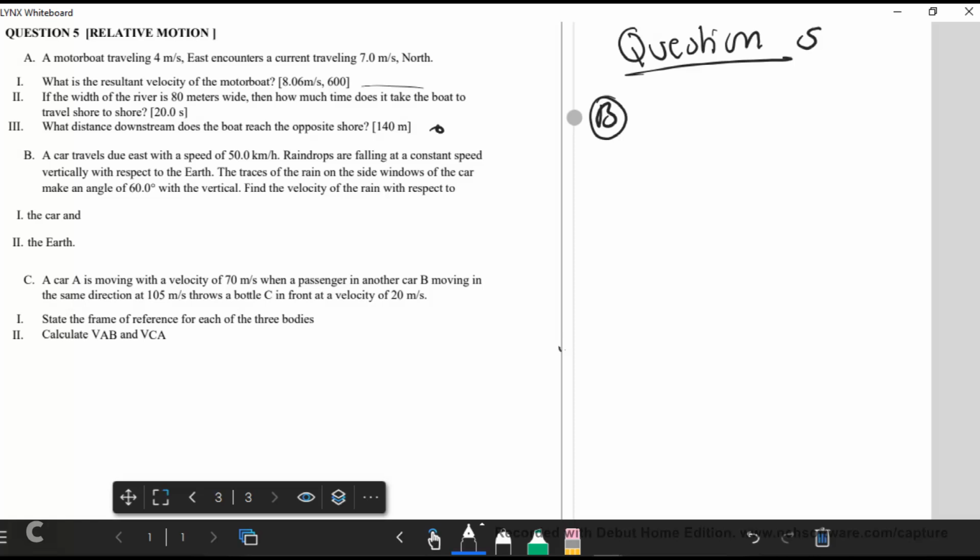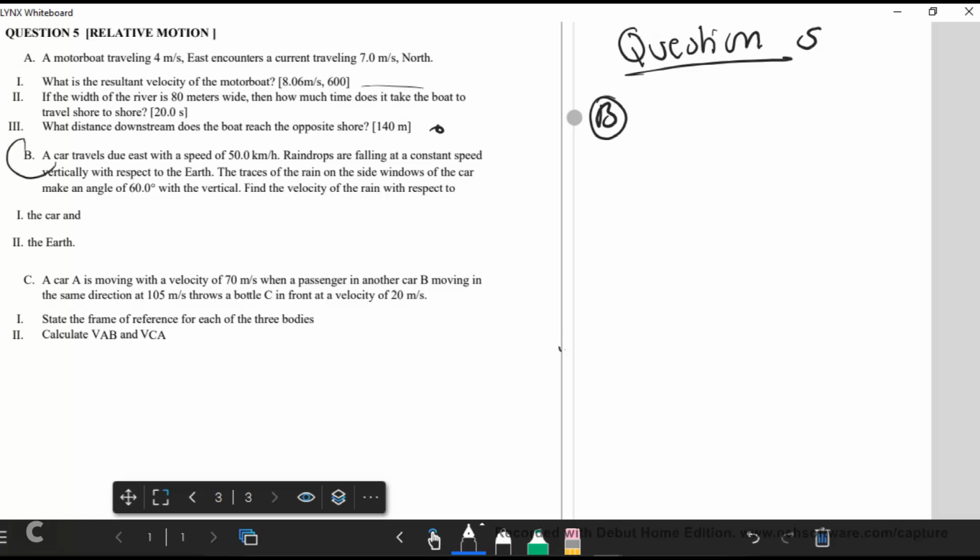Raindrops are falling at a constant speed vertically with respect to earth. The traces of the rain on the side window of the car make an angle of 60 with the vertical. Find the velocity of the rain with respect to the car.